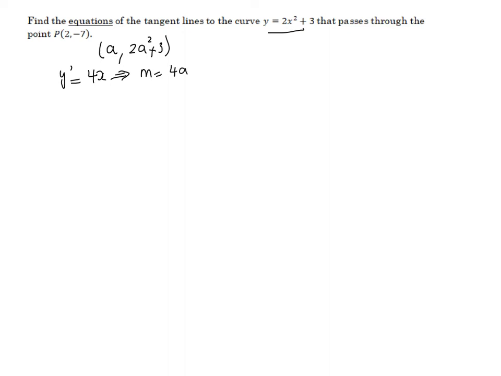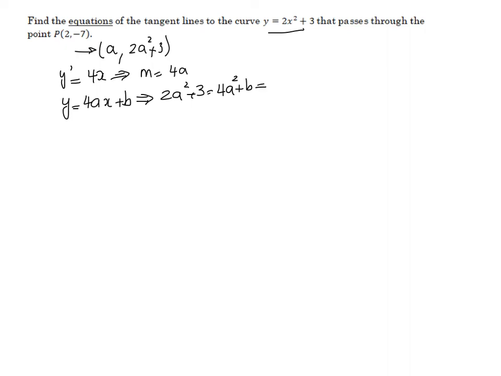So this means that the equation of the tangent becomes y = mx + b, which is 4a x plus b. But since it touches at this point, it has to satisfy the y coordinate. So this means that 2a squared plus 3 is equal to 4a squared plus b.